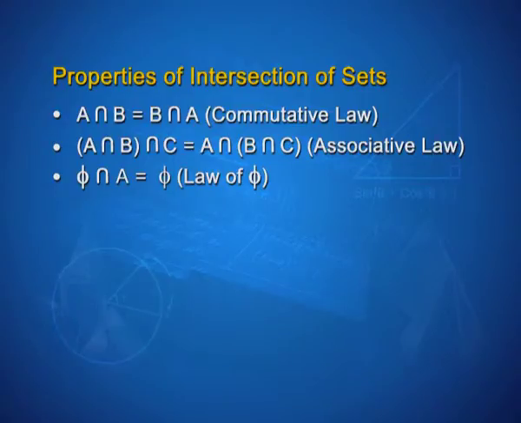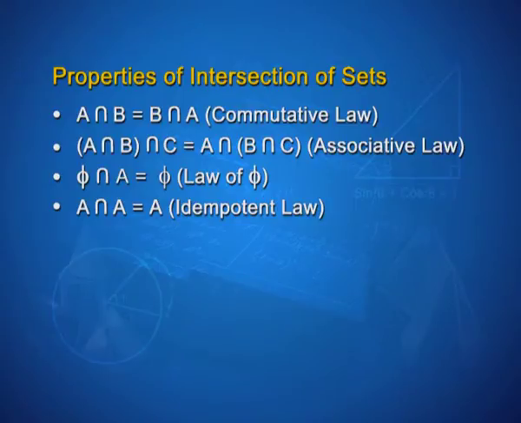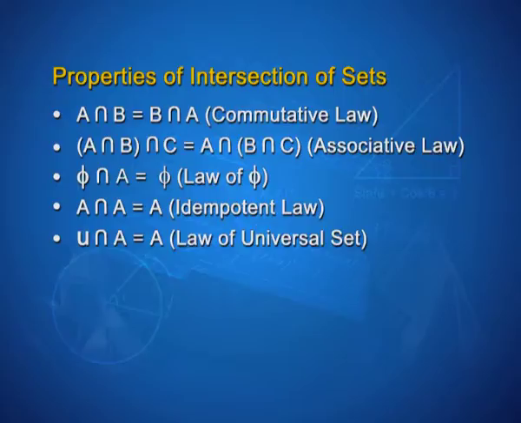The fourth law is the idempotent law, which states that the intersection of any set with itself gives the set itself. That is, A intersection A gives us the set A. The next law is the law of universal set, which says that the intersection of any set with a universal set will give us the set itself.